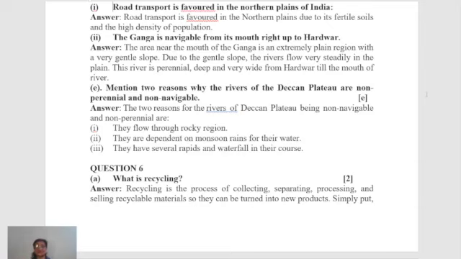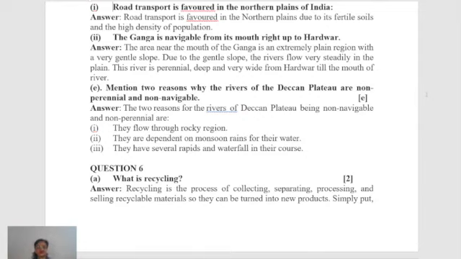But when it's a dry season, the water reduces. Okay, water becomes very less. So it becomes unsuitable for the navigation purpose. Okay. Next is they have several rapids and waterfalls in their way. So these are never good for the development of navigation in the rivers.